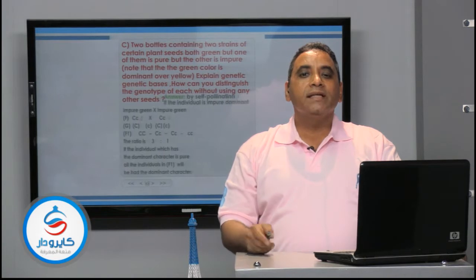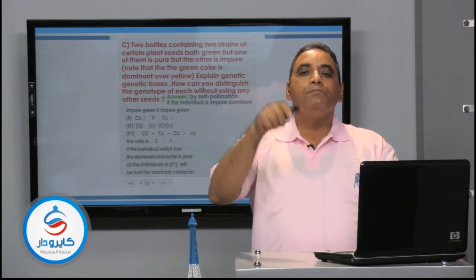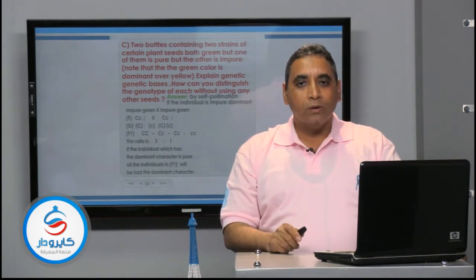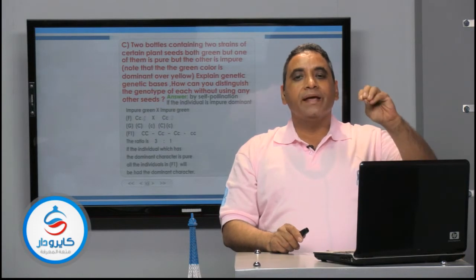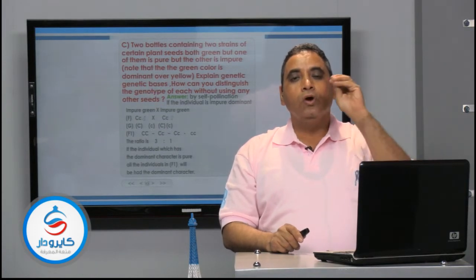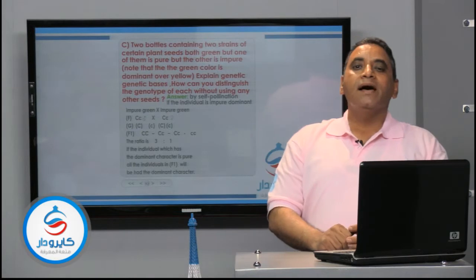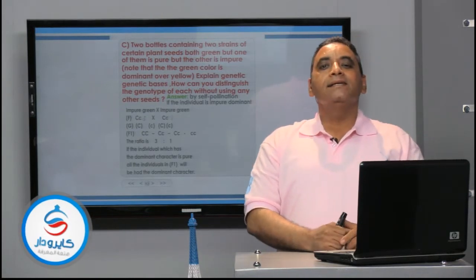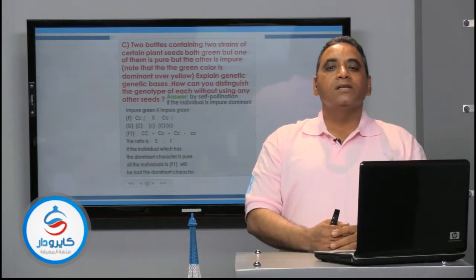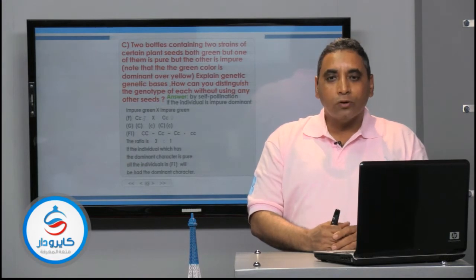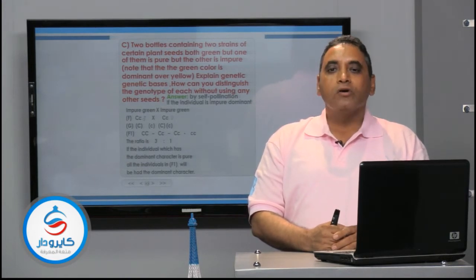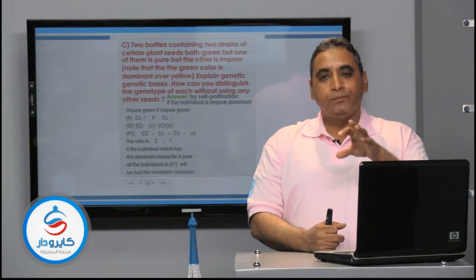If self-pollination takes place in the impure individual, capital C small c, that will produce offspring in the ratio of 3 dominant to 1 recessive. The recessive is yellow and acts as a lethal gene. So in this case, we can't carry out a test cross with the recessive individual, because the recessive individual dies.